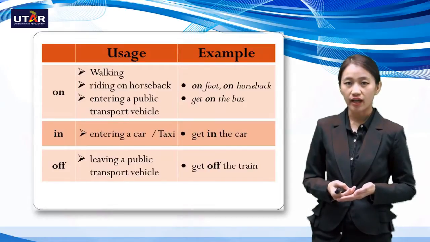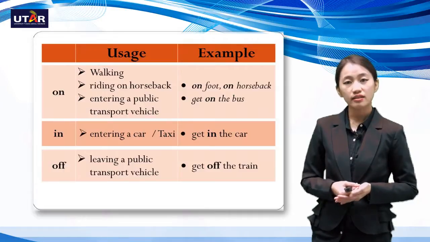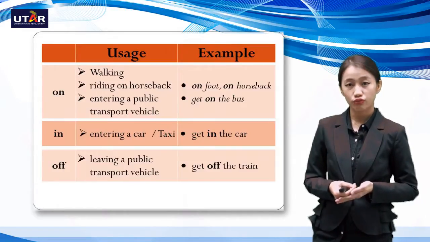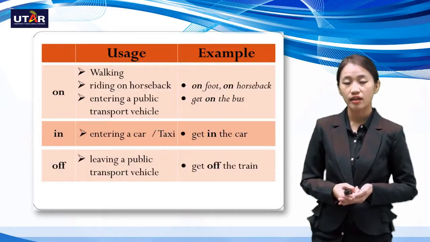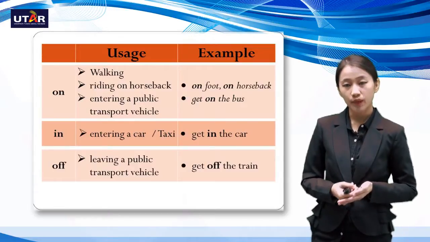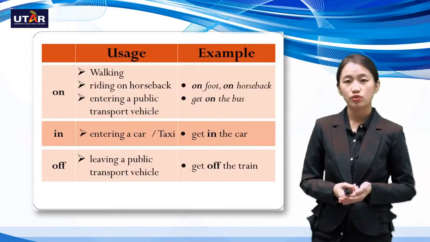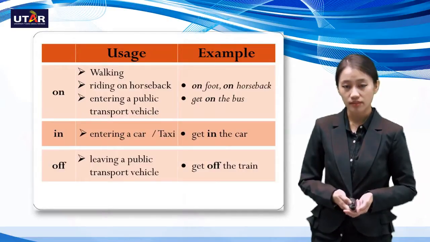You don't say that I'm going to walk, but instead you will state on foot, right? And of course, if your transport is a horse, you would say on horseback. When you want to enter a public transport, in this case a bus or a train, you would say get on the bus.